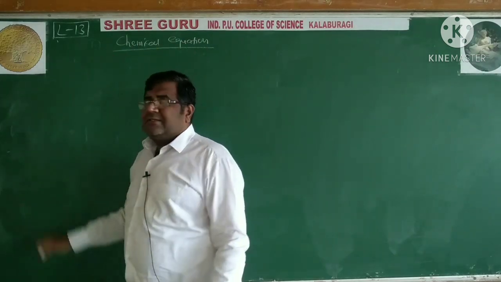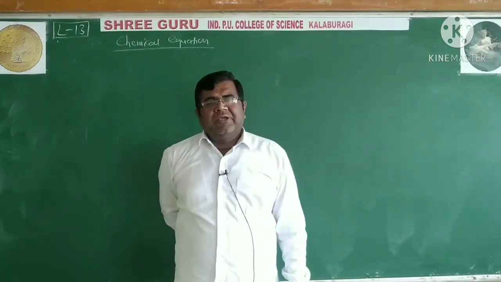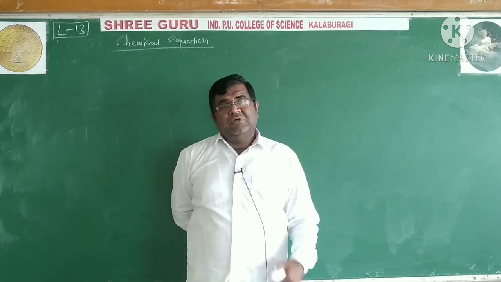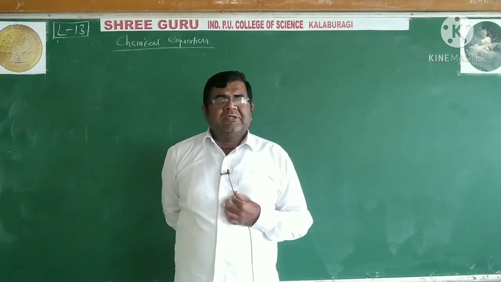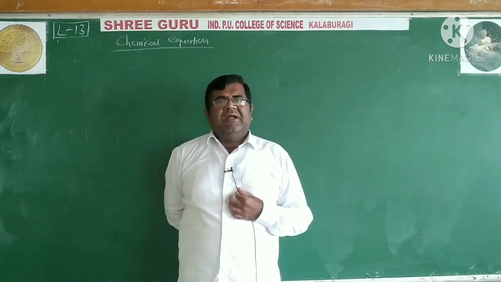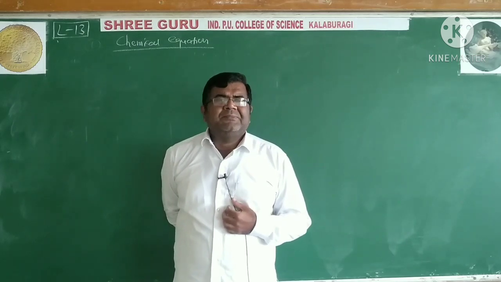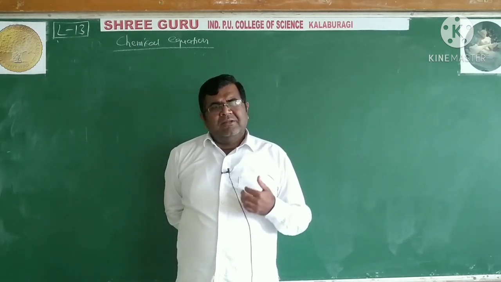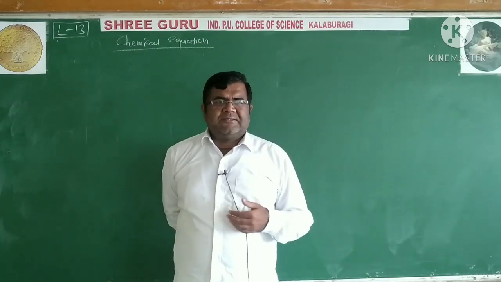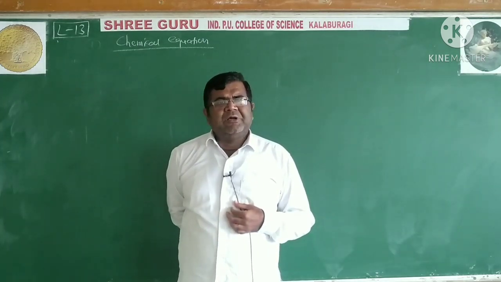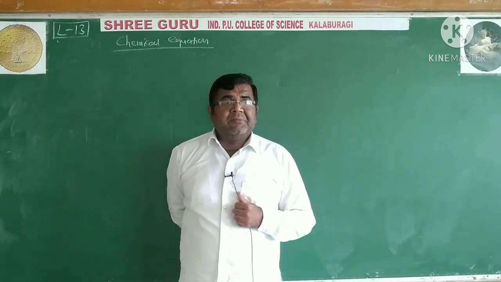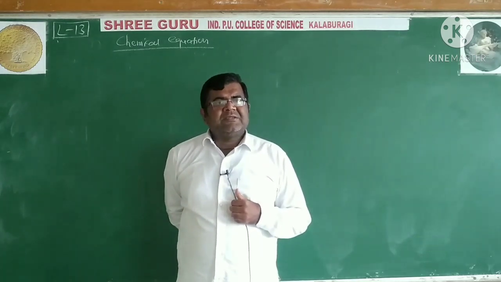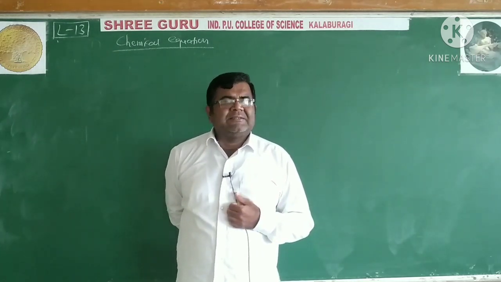Students feel chemistry is difficult because they have to learn the chemical equations and how to balance them. Some skills are required. In these 2 years, PUC first year and second year, you will come across many chemical equations and some techniques to balance them.